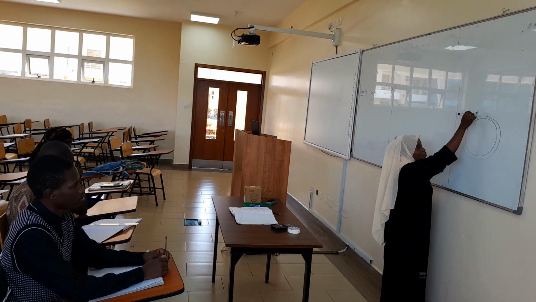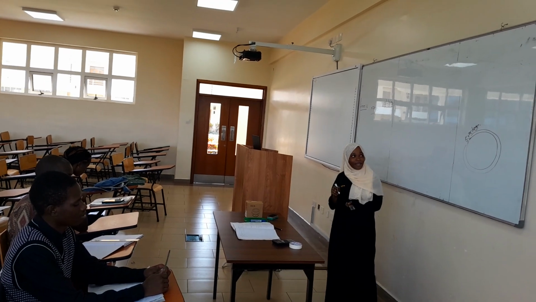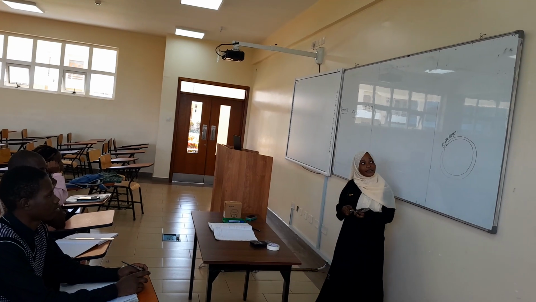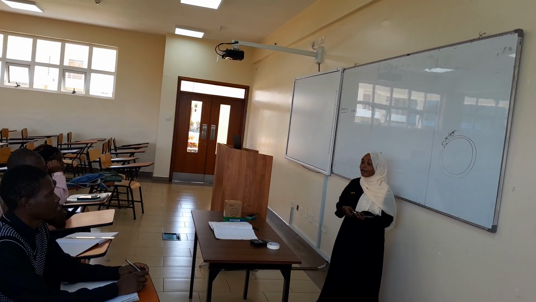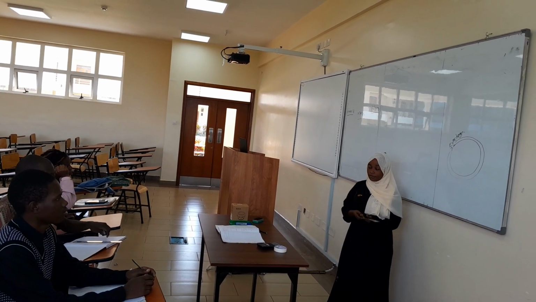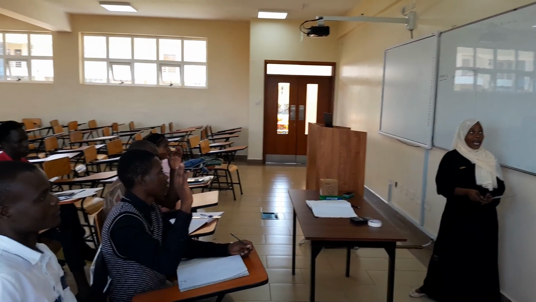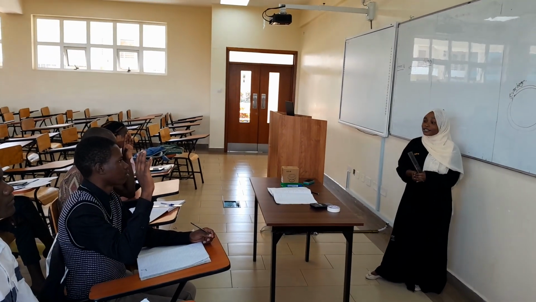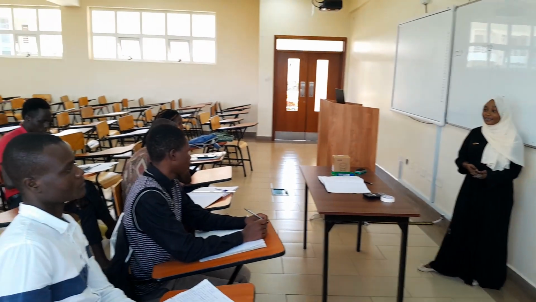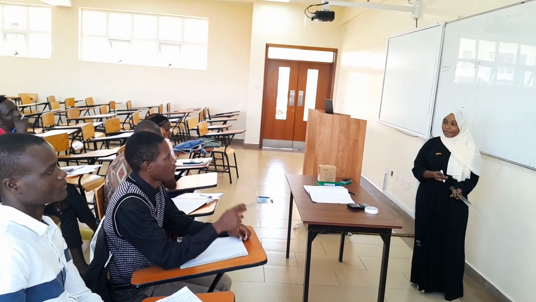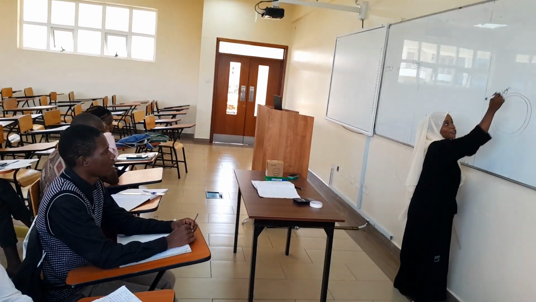Okay? So, who can remind us, define the term perimeter from the story which we learned last class? Yes, Ian, you are the first to raise your hand. It is the total distance around the field. Around the field, total distance.